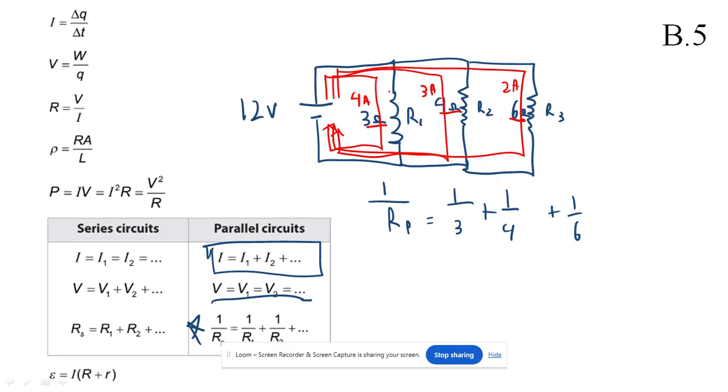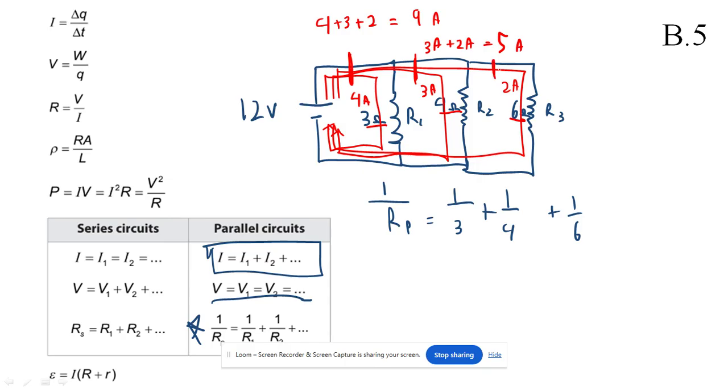And so the total current leaving the battery, if we put an ammeter right there, we're observing this current and that current. So that current's going to be 4 plus 3 plus 2. What is that? Is that 9? I think it is. 9 amps. If we look right there, we're going to see 3 amps and 2 amps, so there's going to be 5 amps going through this wire.